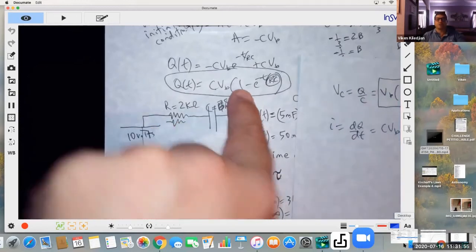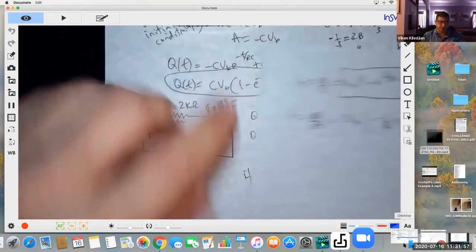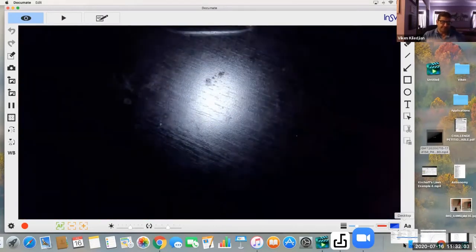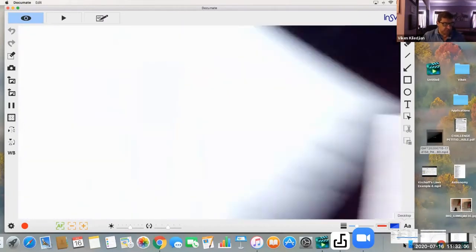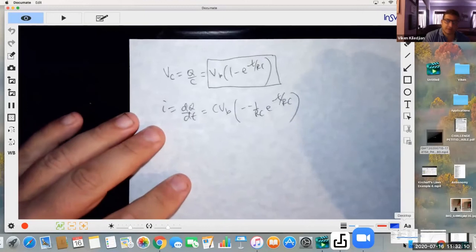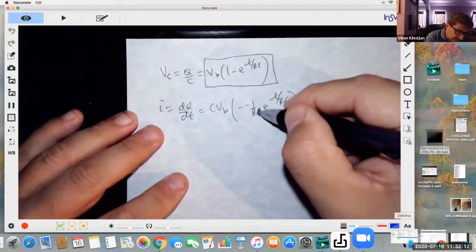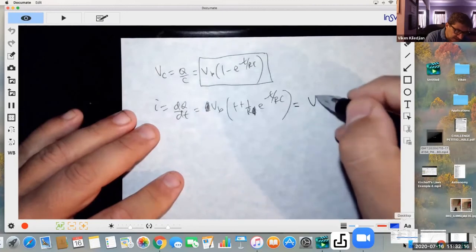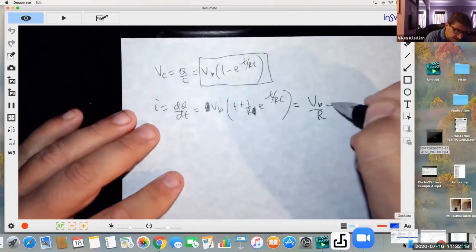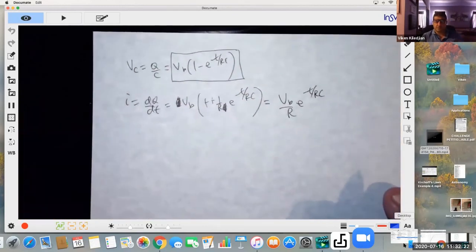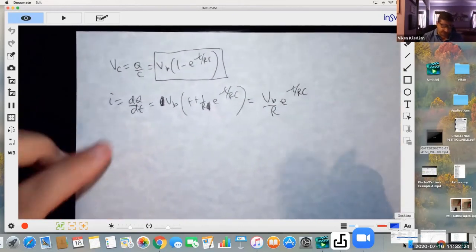But the derivative of 1 is 0, so that disappears. So it looks like this. And then the C cancels the C, and then the negatives cancel. V_B over R, e to the minus t over RC. Okay, so the current behaves like that.